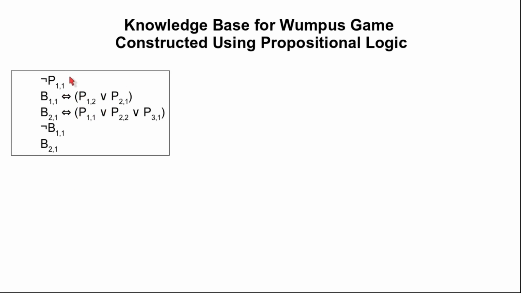So we had 5 sentences in the knowledge base. 3 of the sentences came from the rules of the Wumpus game, and the last 2 sentences came from the percept that the agent has perceived so far.